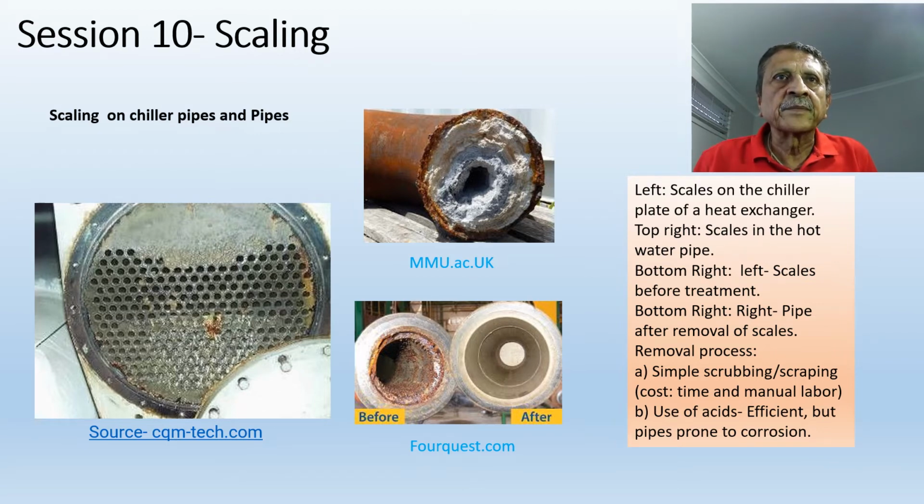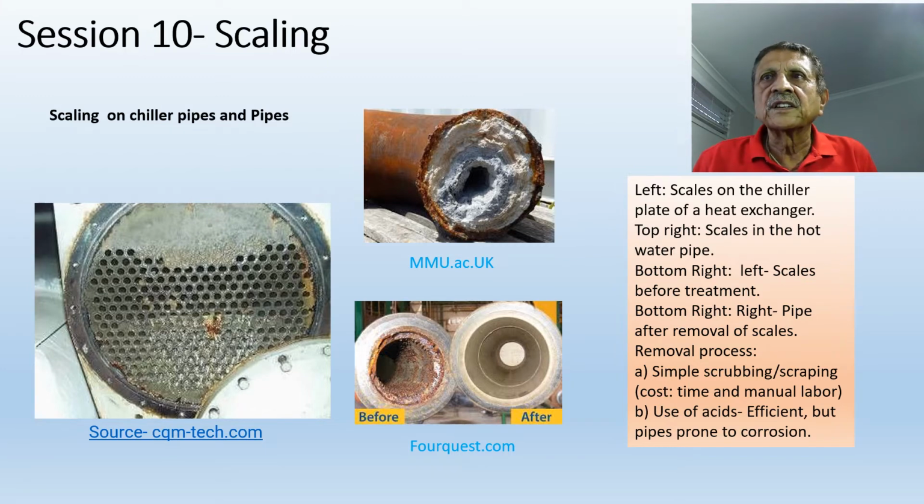When that much scale blocks the holes, there is insufficient flow of water going through the chillers, and therefore there is reduced heat exchange, and the air conditioning system, if it is being used, will break down.